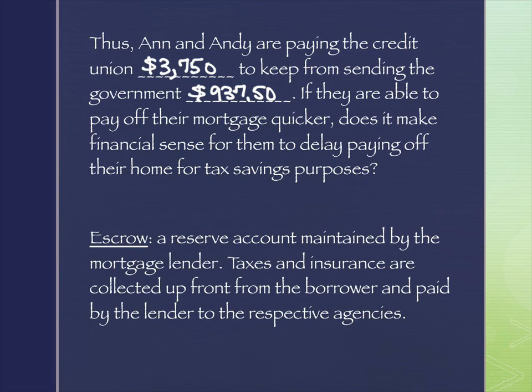I'm going to say that again. If we choose to keep the loan in this situation, we are choosing to pay the credit union $3,750 in order to save $937.50 on our taxes.